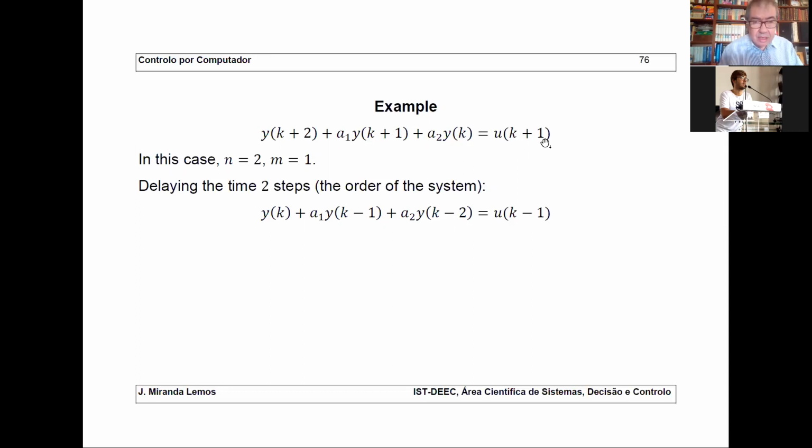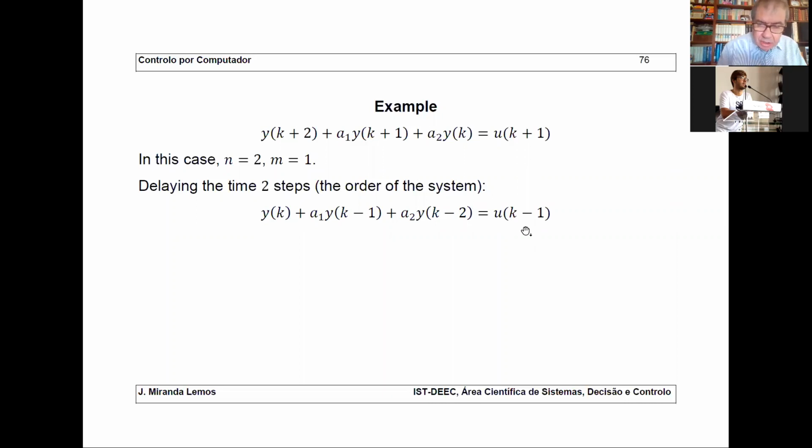Okay, that is valid. But you write things in such a way that you start with y of k and you end with y of k plus something. Okay, that's a standard forward shift. And then in the backward shift, you start with y of k and you go backwards.